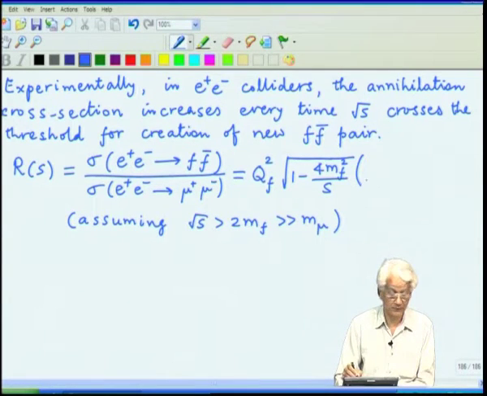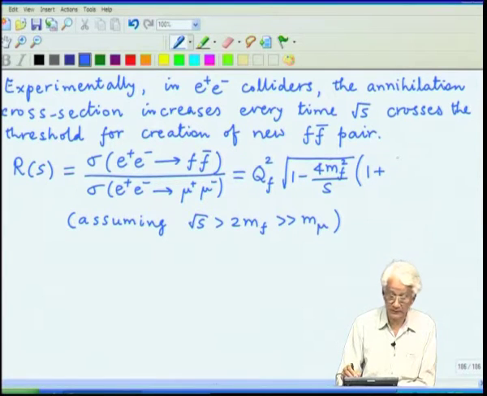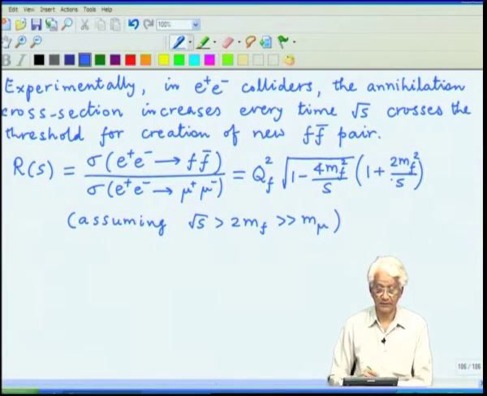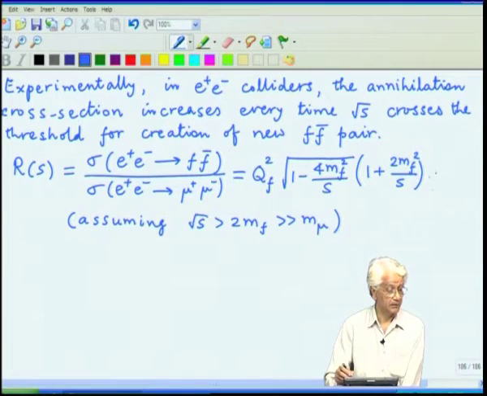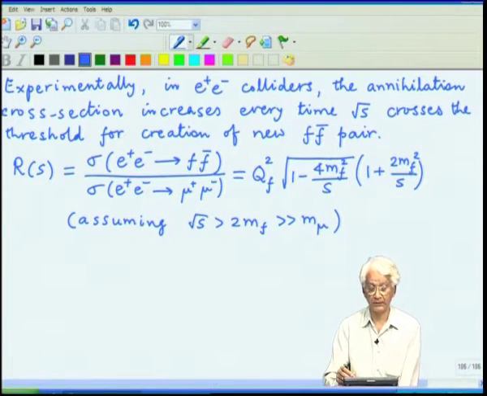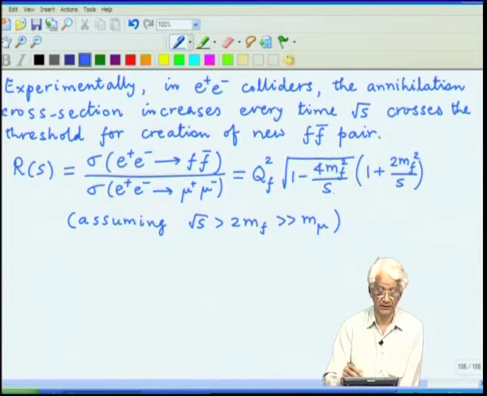and so the overall factor just becomes this numerical constant. There is a slow correction of this m square by s to the constant 1, but much more important is this square root rise which starts at 0 when s is equal to 4 m f square.